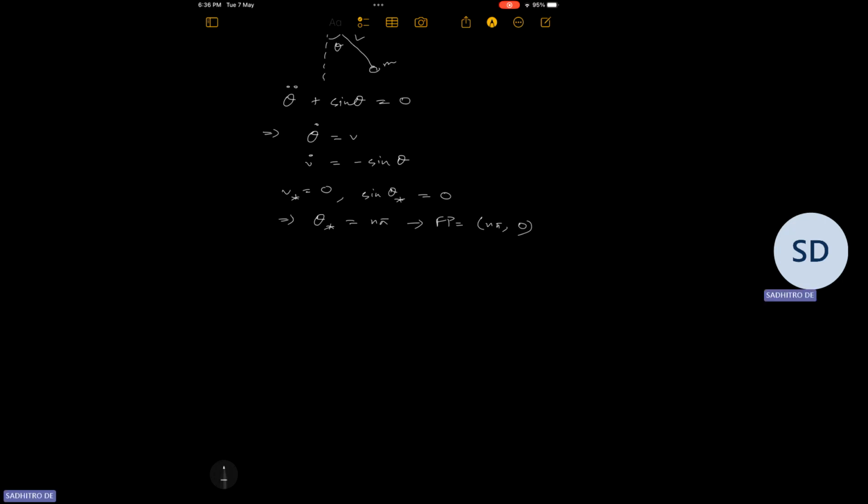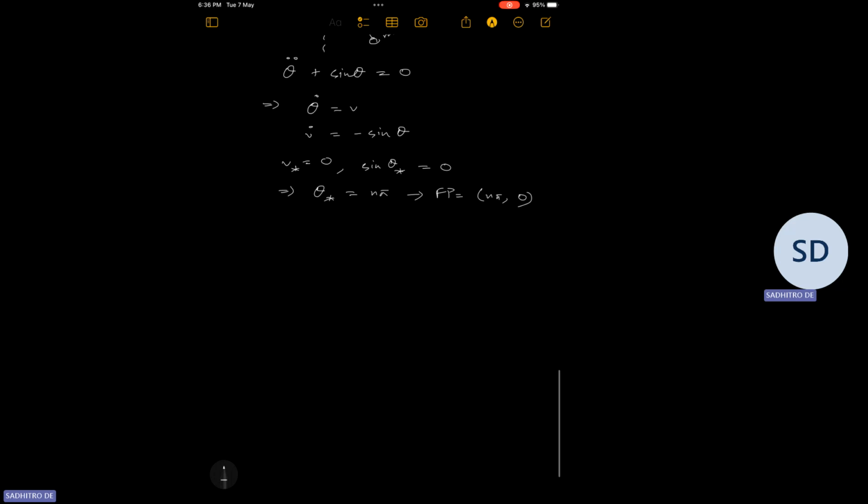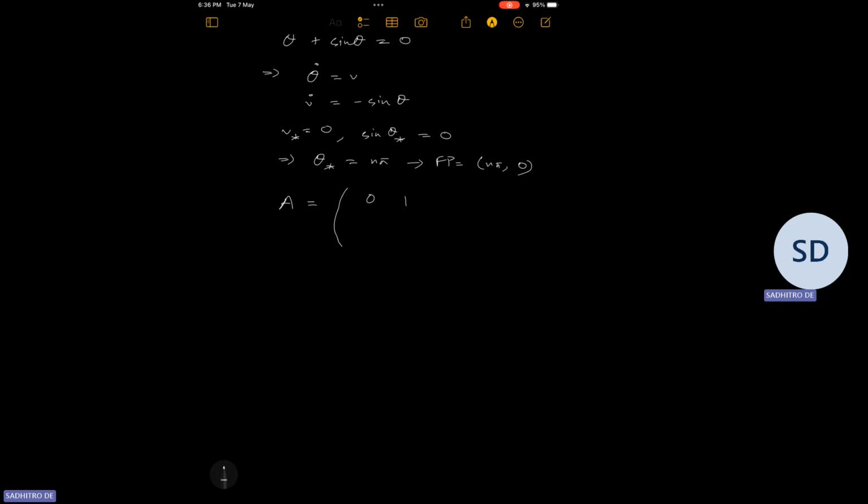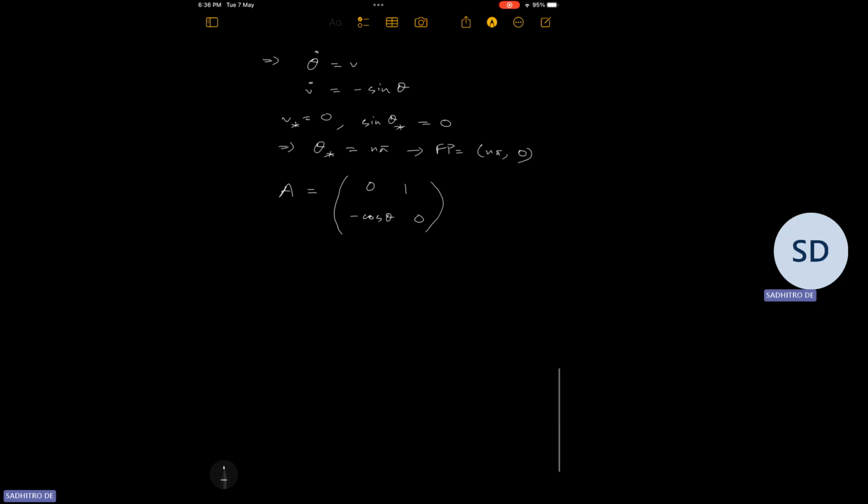Okay. Now to study the nature of the fixed points, what do we do? We again construct the Jacobian matrix. So A is equal to del f del theta is 0, del f del v is 1, del g del theta is equal to minus cos theta, del g del v is equal to 0. Okay.